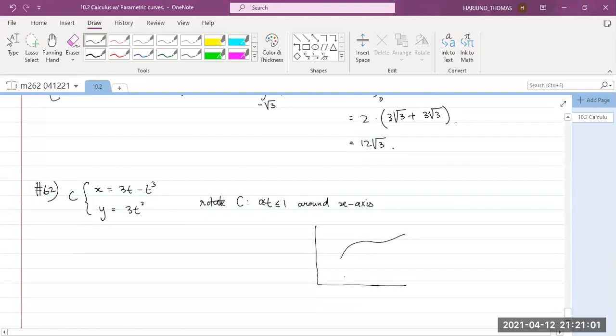I want to rotate that around the x-axis. So what is the surface area? That will be the ds rotated with radius y around the x-axis. So the surface area will be 2 pi times the integral from a to b of y ds. Do you remember that?